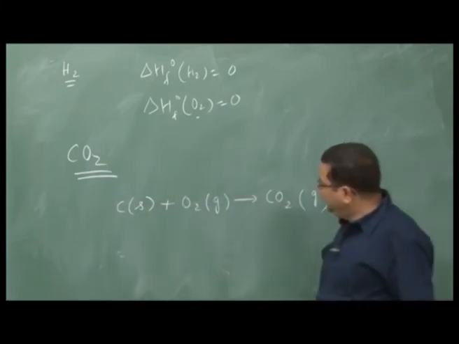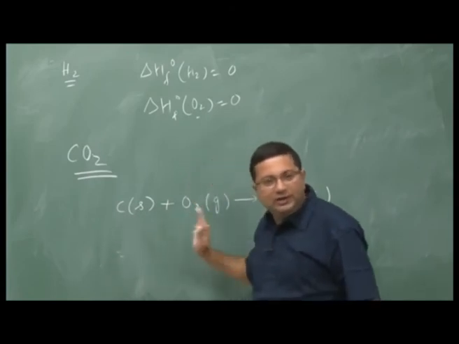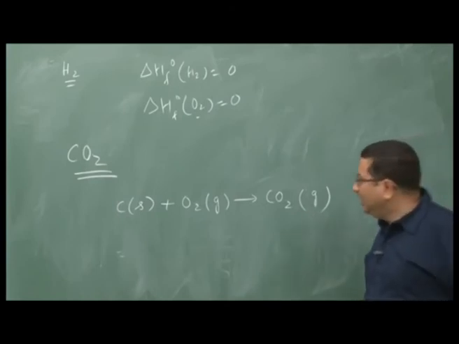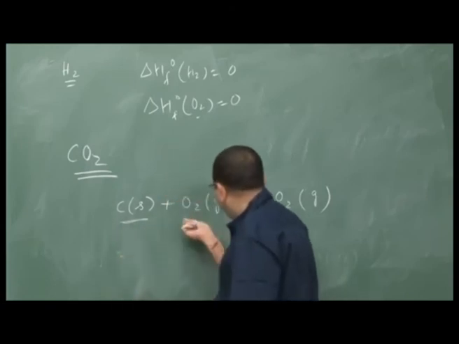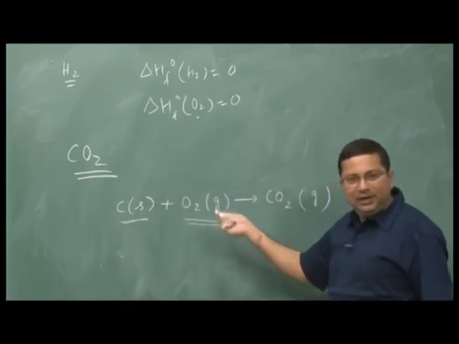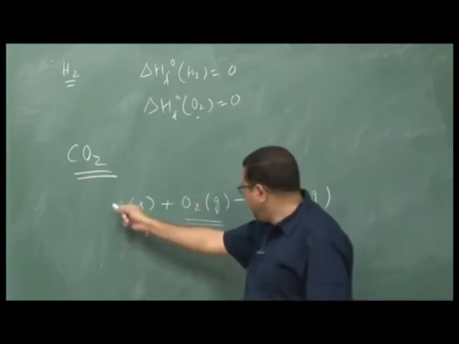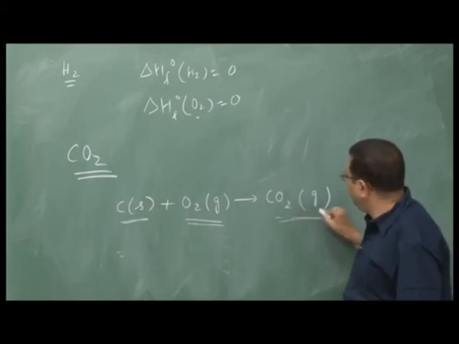If you burn pure carbon in a pure oxygen environment, then you get carbon dioxide. Carbon in its natural state is solid, so we are taking solid carbon. Oxygen in its natural state is gas, so we are taking gaseous oxygen, and we will be producing gaseous carbon dioxide.